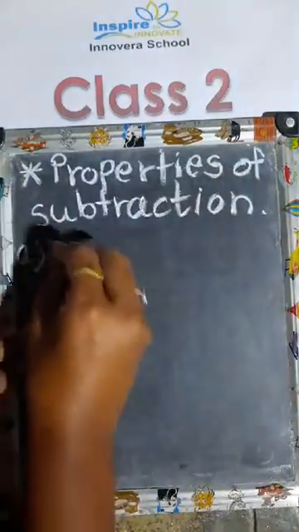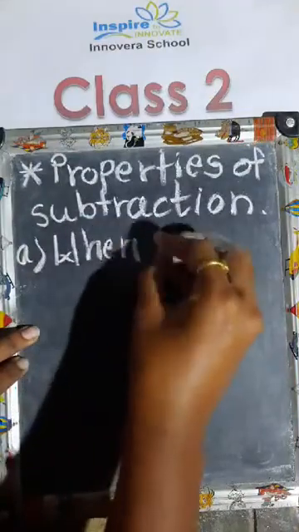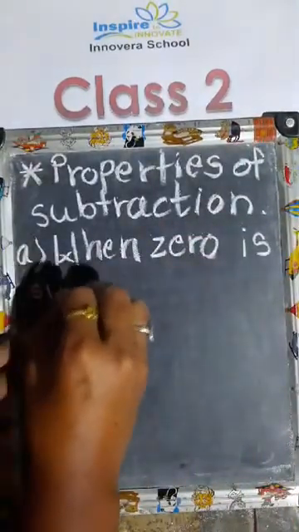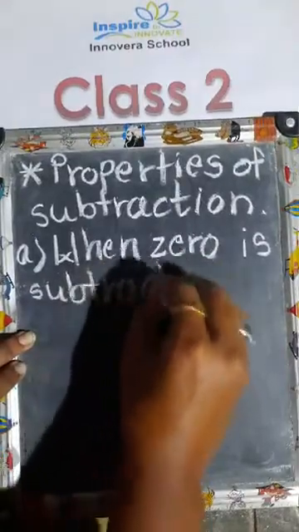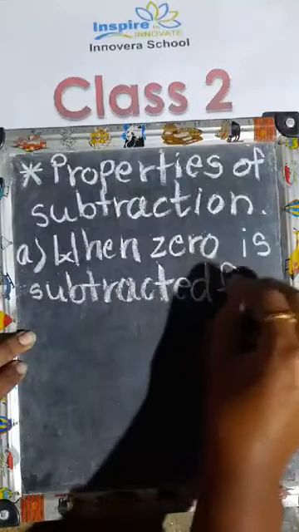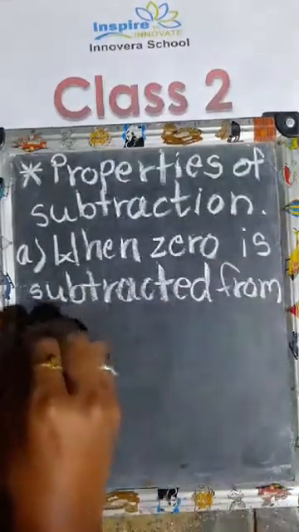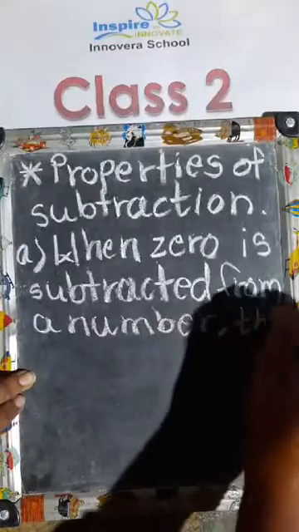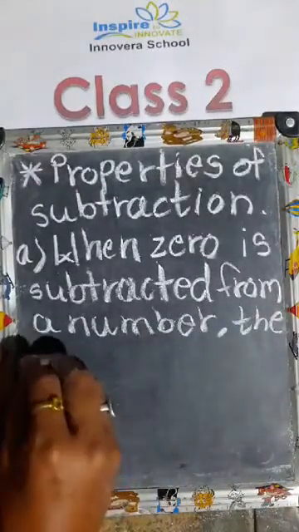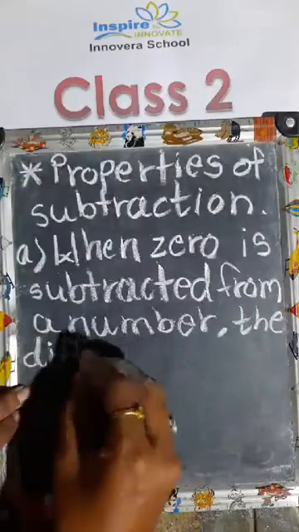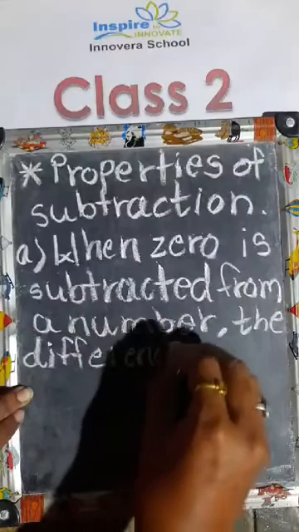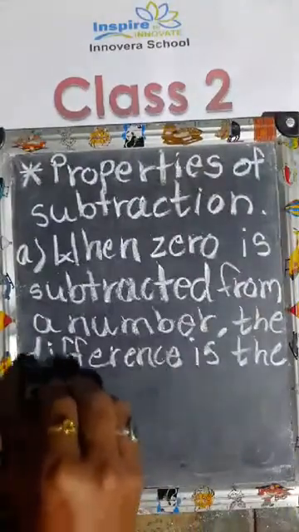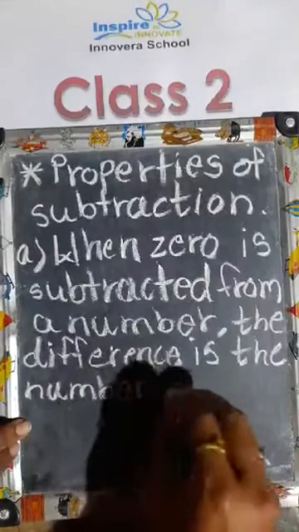A, when 0 is subtracted from a number, the difference is the number itself.